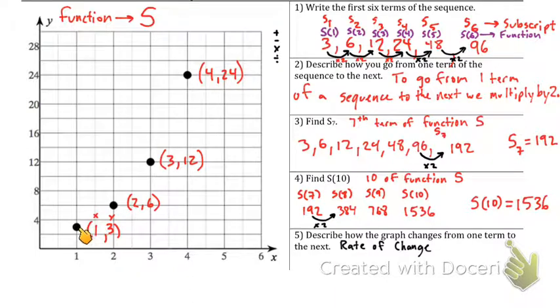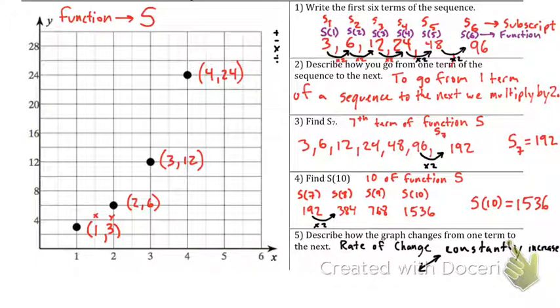Okay, if it looks like a line to you, then we would say the rate of change is constantly increasing. Okay, that's when your rate of change looks like a line.